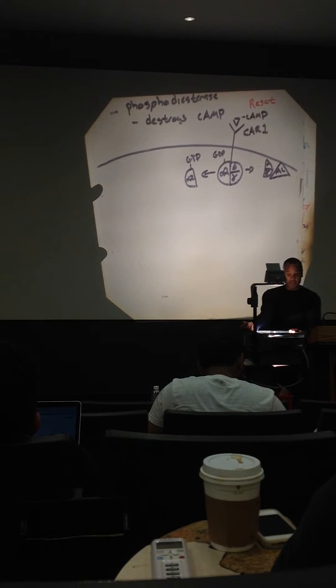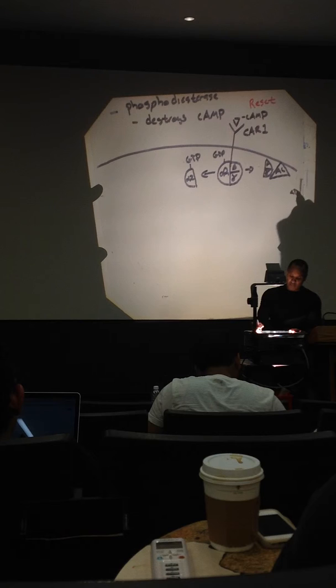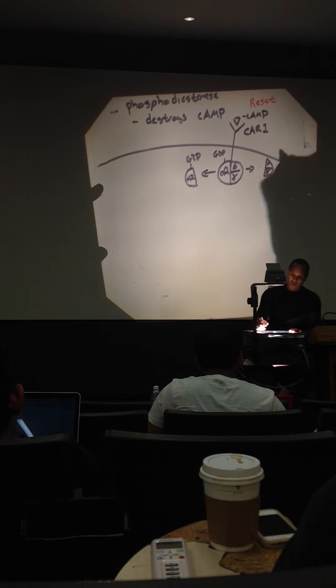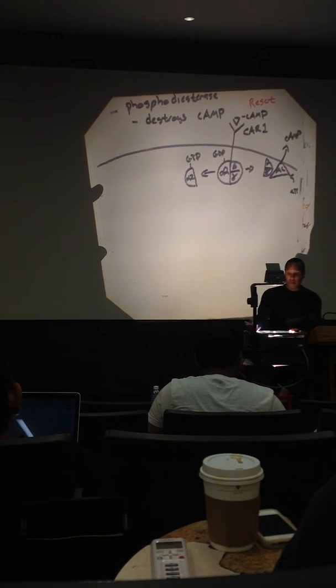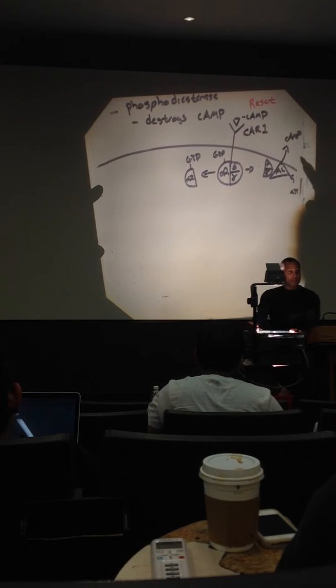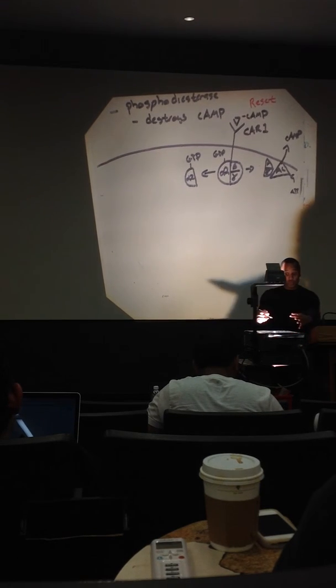And what does adenylyl cyclase do? It makes cyclic AMP, right. So it takes ATP and creates cyclic AMP. And actually what it does is that cyclic AMP gets secreted outside the cell to act as a chemoattractant, right, to bring other cells towards it.